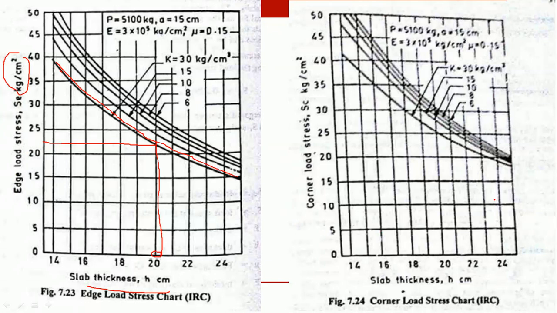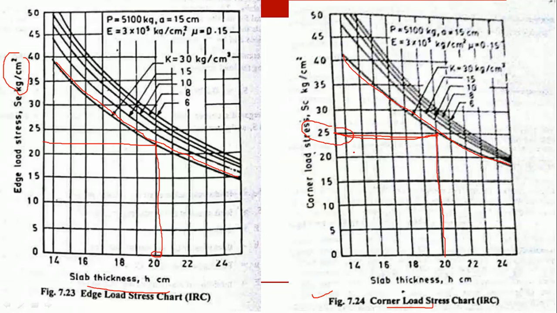Similarly, for corner load we need to refer to this chart. Same thickness, 20, and this curve indicates the modulus of subgrade of 30. The corresponding value is this one, 25. That is, the corner load stress is 25 kg per centimeter square, 25 or 25.5.